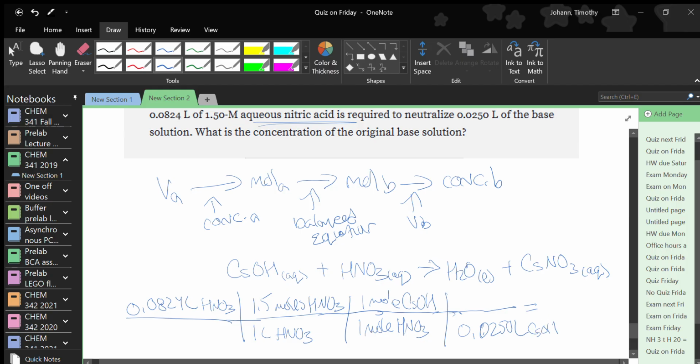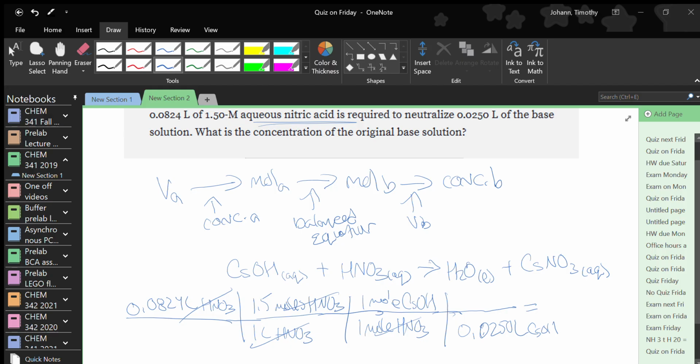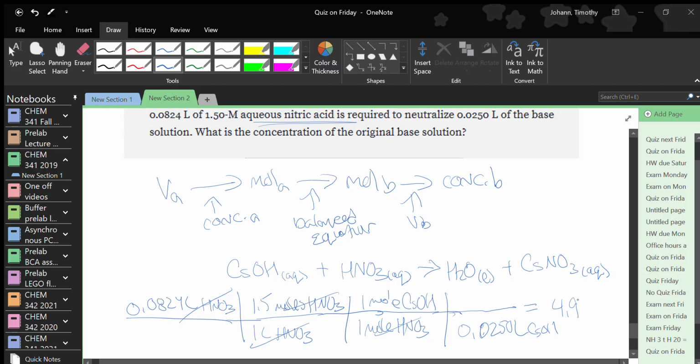And moles, moles, liters, liters, I'll put that into my calculator really quick here. 0.0824 times 1.5 divided by 0.025 equals 4.94. 4.94 molar cesium hydroxide. Okay? That's how you do that.